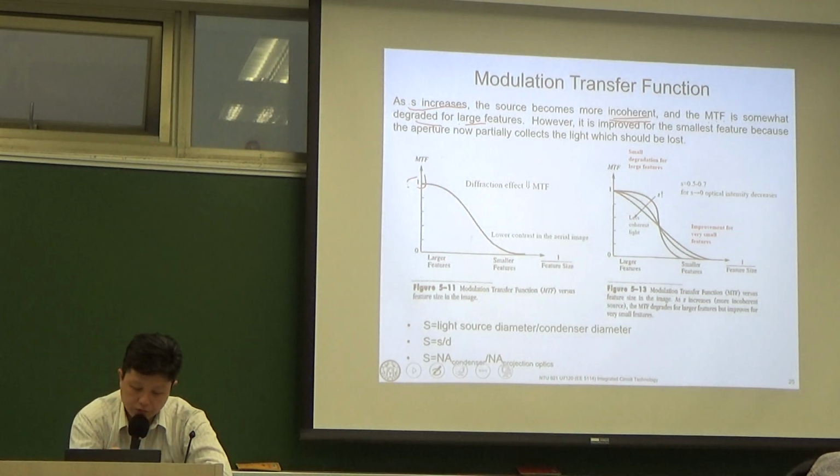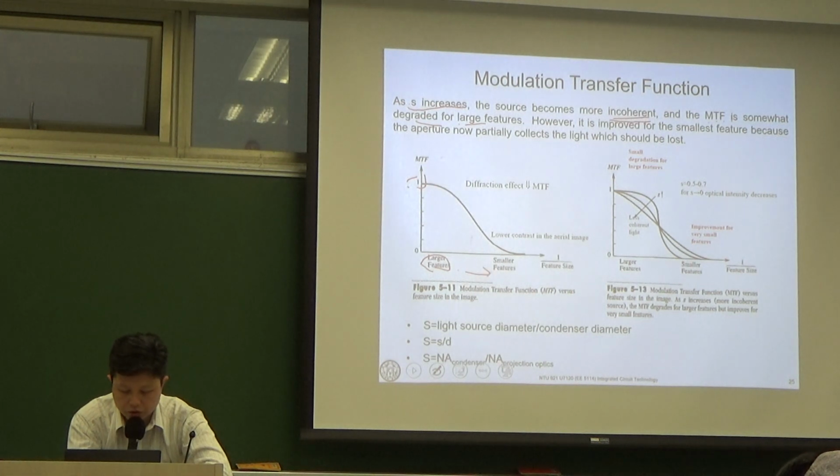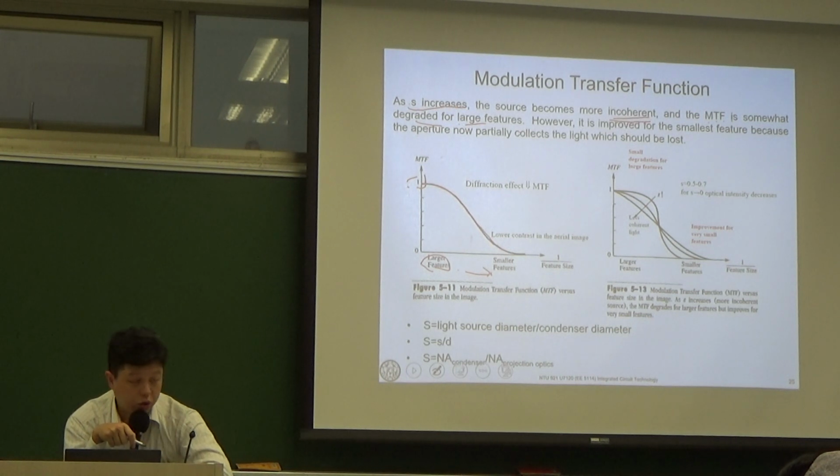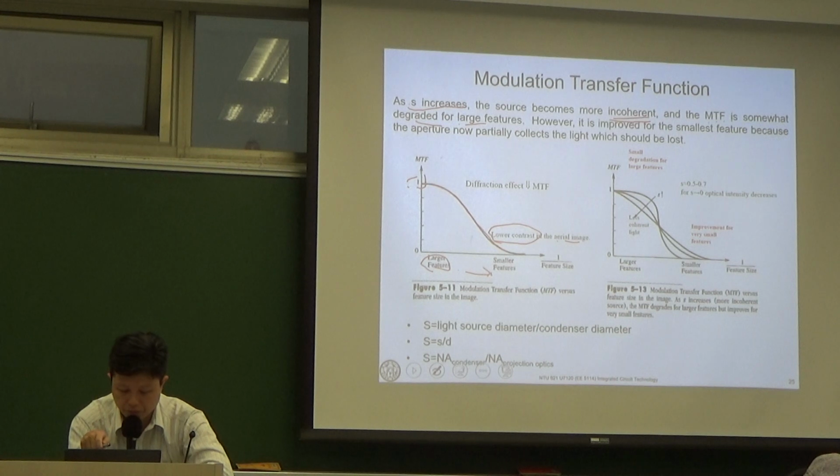But once your feature size becomes smaller and smaller, you can see this MTF will begin to decrease due to your diffraction effect. Then once you reach your silicon plane, there is less contrast in your aerial image.